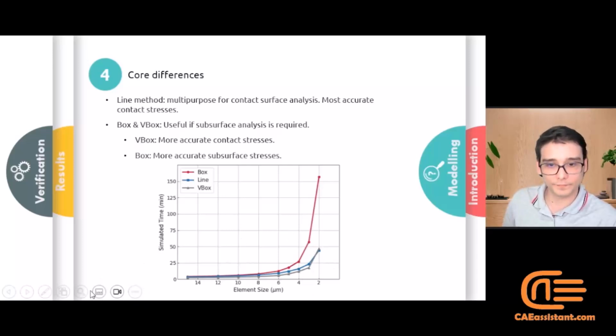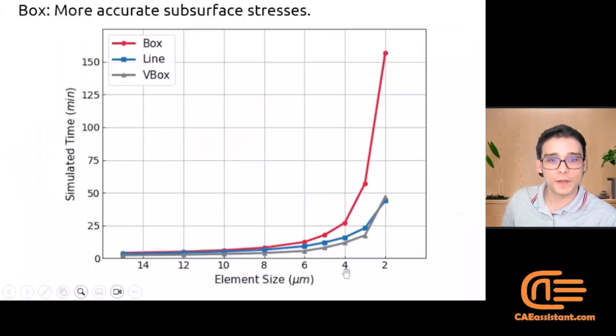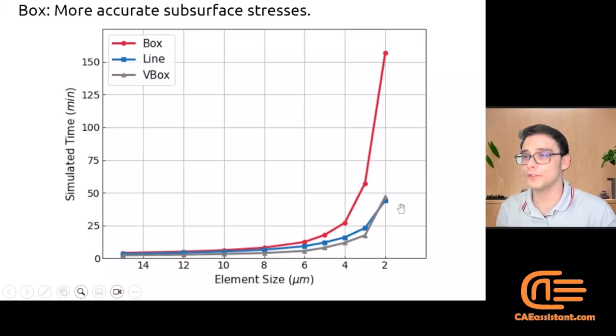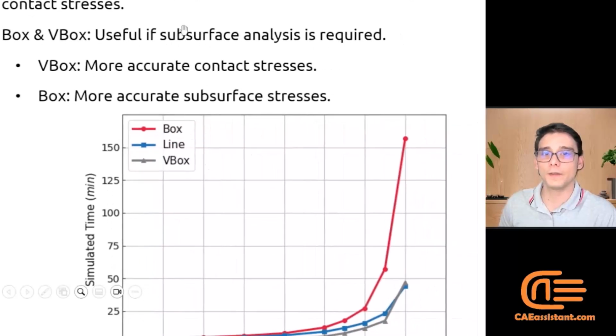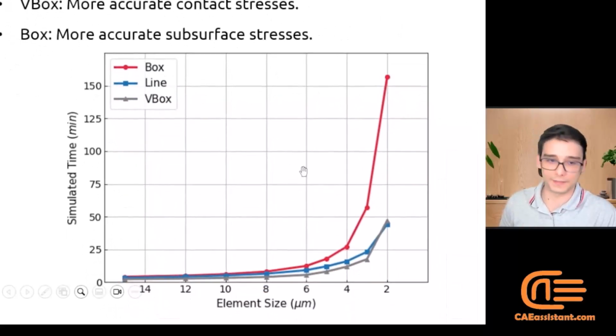For a smaller minimum element size, for example 2 micrometers, the VBox is a little bit slower than the line method, but normally the VBox is a little bit faster. And as I said, it works better if you need some subsurface analysis.